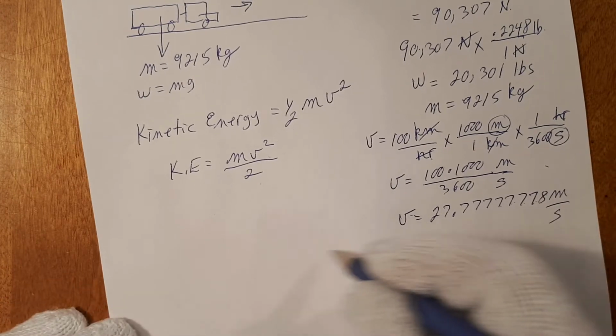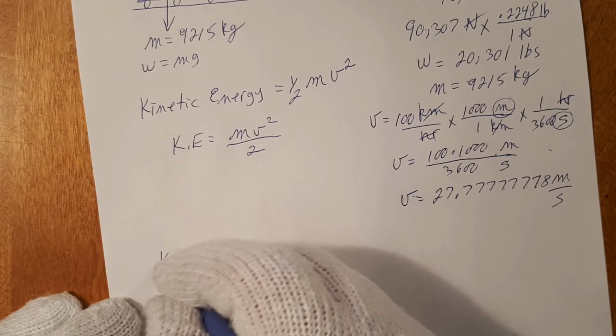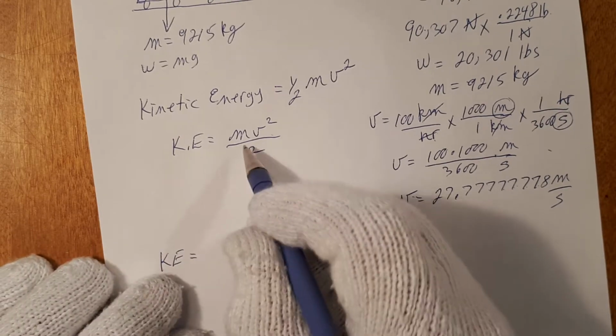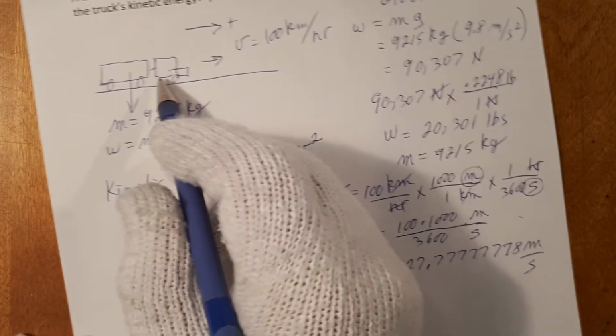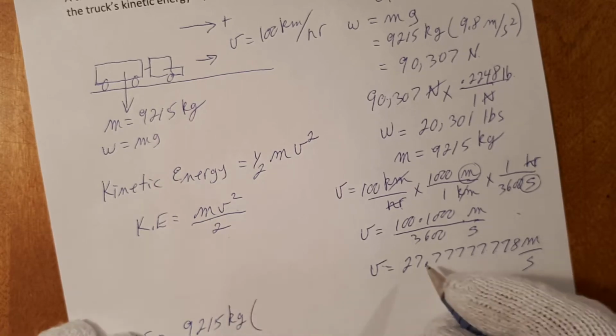All that's left to do is to take these values and put them in our equation and solve. So let's do that down here, which gives me a little bit of extra room to write across. Kinetic energy is equal to the mass of the item, and our truck has a mass of 9215 kilograms, times its velocity.